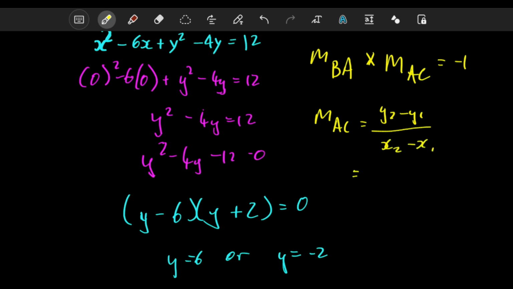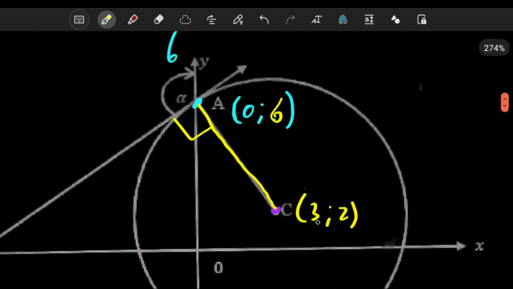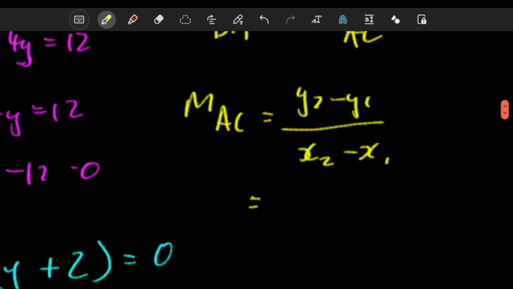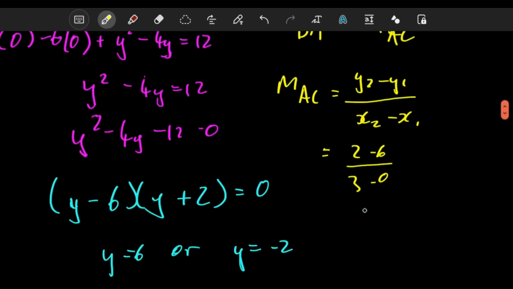It doesn't matter, let's say 2 minus 6 and then 3 minus 0. This is going to give you -4 over 3.